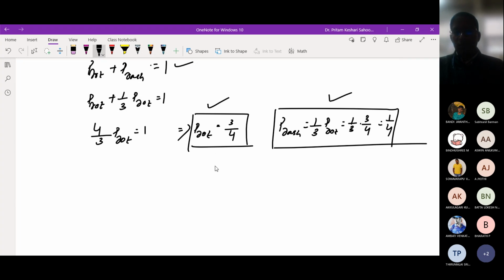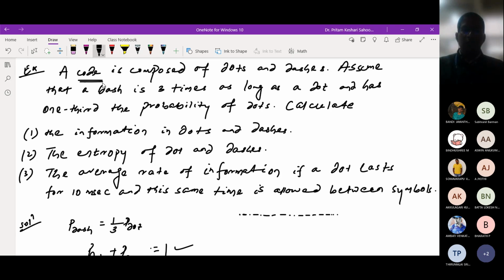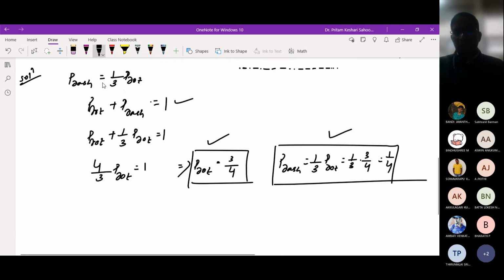That means if the code, particularly in this question, it is given the code, has a total length of 4, then out of the 4 symbols, 3 symbols are dots, and only 1 symbol is dash. Understood? If you take a code word, it consists of 4 symbols. Out of the 4, 3 are dots, 1 is dash.